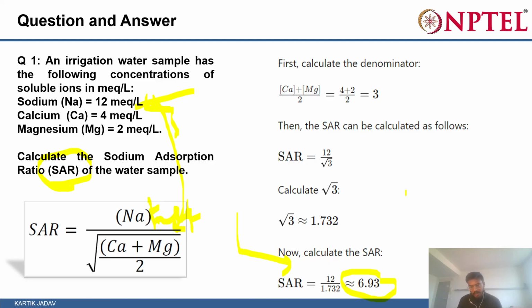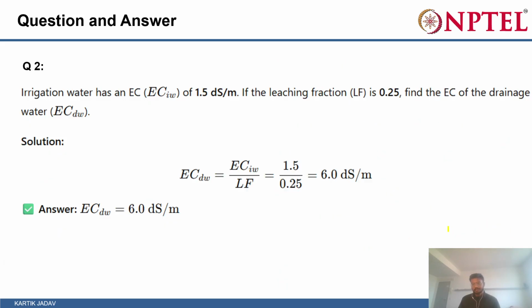If you remember, the classification of sodium adsorption ratio is S1, S2, S3, and S4. S1 is if it is less than 10, so it is low sodium adsorption ratio. Then 10 to 15 and 18 to 26. So it is low, medium, high, and very high.